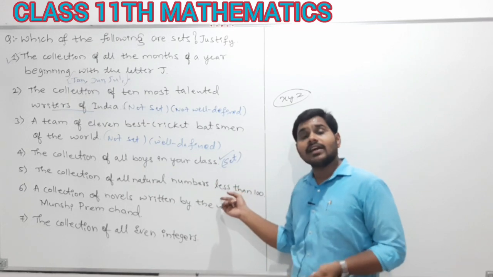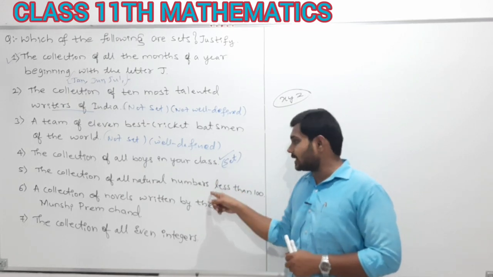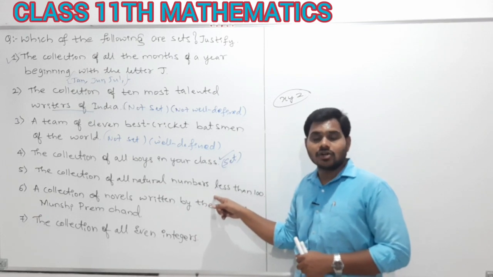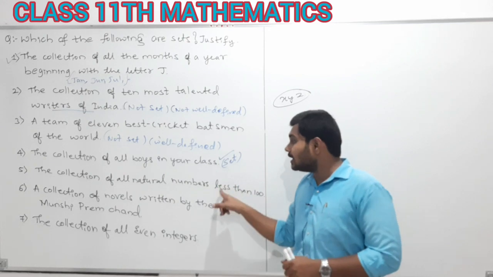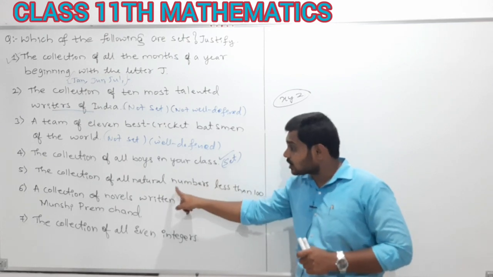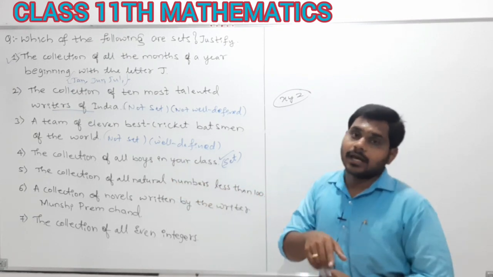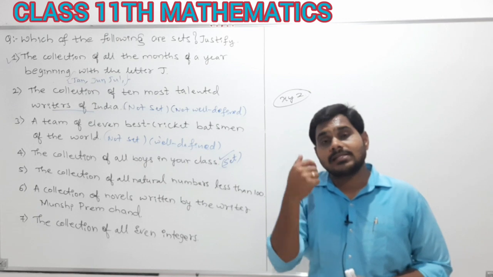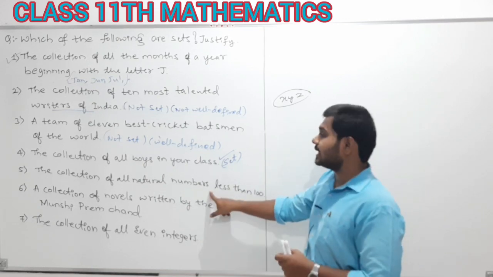If I give 102 and ask whether 102 is contained in this collection or not, directly you can tell that 102 will not be contained in this collection, because this is the collection of all natural numbers less than 100. Am I clear? Whatever natural numbers are there less than 100, only those numbers will be contained in this set.